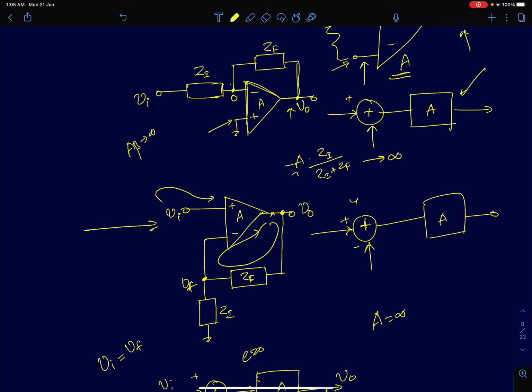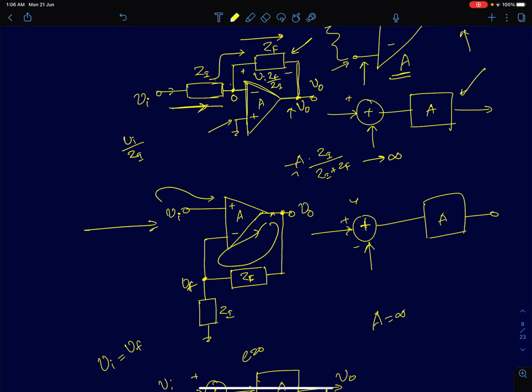Since this node voltage is 0, the voltage across impedance Zi is Vi, so a current of Vi by Zi is developed in Zi. Now that current has only one path to flow through. It will directly flow through Zf, and since one end of Zf is the output voltage and the other end is at 0 volts, you will have a voltage of Vi into Zf by Zi developed across this impedance Zf.